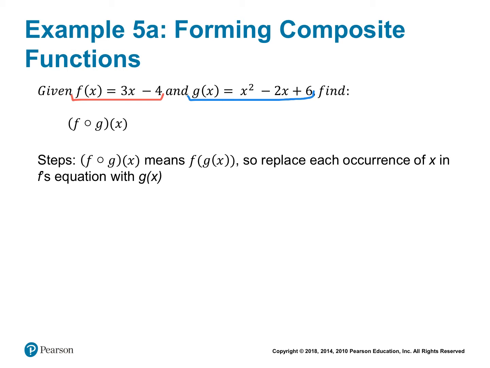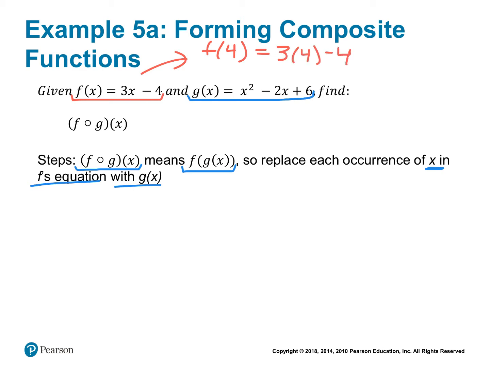So the first step, we know that this, we just learned, means the same as this. So we're going to replace every x in f's equation with g of x. I'm going to just remind you of what we've been doing on past lessons. If we had this and we want to know what is f of 4, we went in and replaced every x with a 4, right?